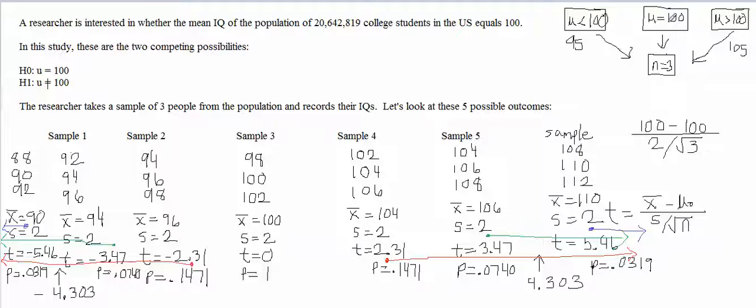Well, because if the population mean is 100, you have to get a sample mean pretty far above 100 to reach this blue area out here, and we know that if the population mean is 100, you're not likely to get a sample mean far above 100. And in order to get a sample mean far down here, you would have to get a sample mean far below that number to reach this blue area.